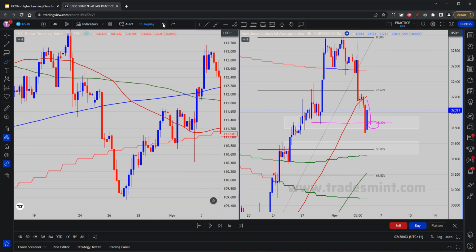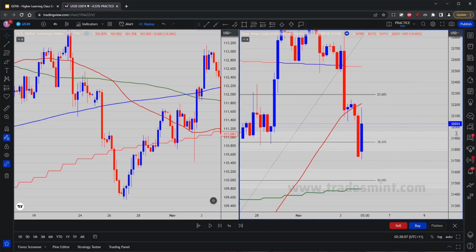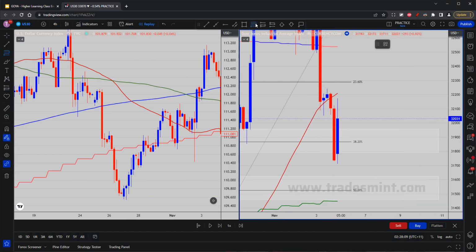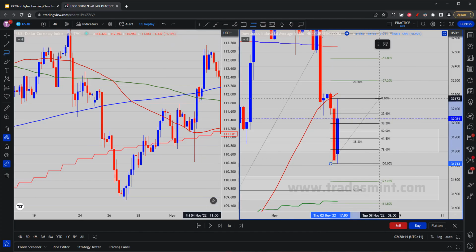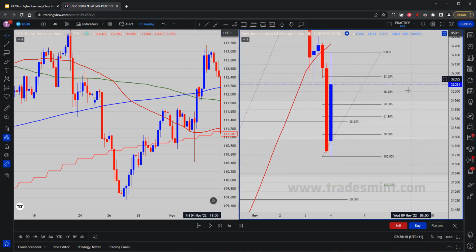So to do that, I will have to do another fib. I would do a small fib just on this section of the movement, from this wick to this wick, okay? And what do I see? I see that the 61.8, since it's a small retracement, we can go for the larger numbers. The 61.8 is pretty much lined up with the 38.2.